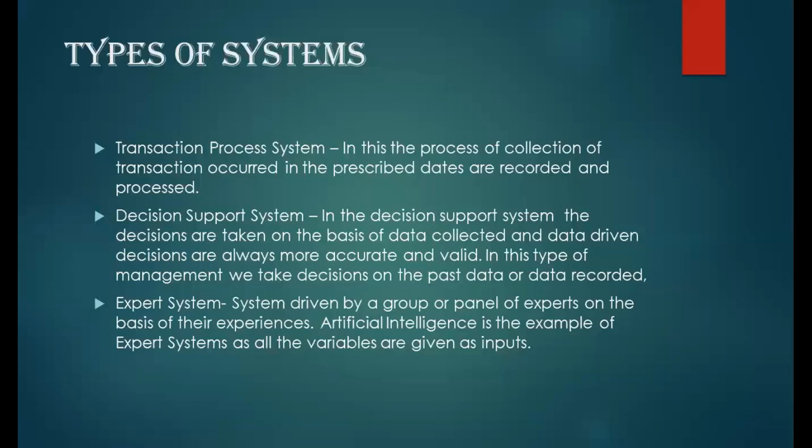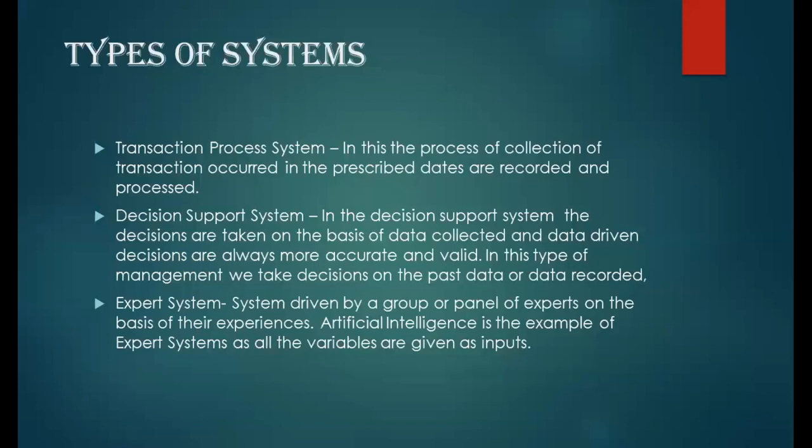An expert system is driven by a group or panel of experts on the basis of their experience. The best example of this is artificial intelligence. Basically, it's a kind of expert system where different experts give inputs in the form of all possible variables. If something is going to happen, what are the probabilities of those happenings?